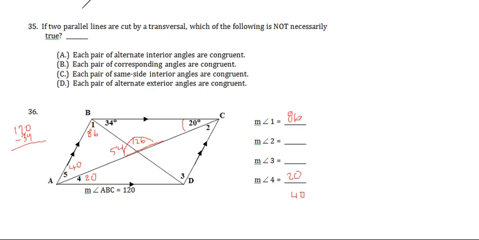Let's do the same thing that we have right here. If these are alternate interior angles, angle 3 right here has to equal 86. It's the same that you have right here. And again, angle 2, alternate interior angles. If this is 40, this one has to be 40, which means we have 40 degrees.